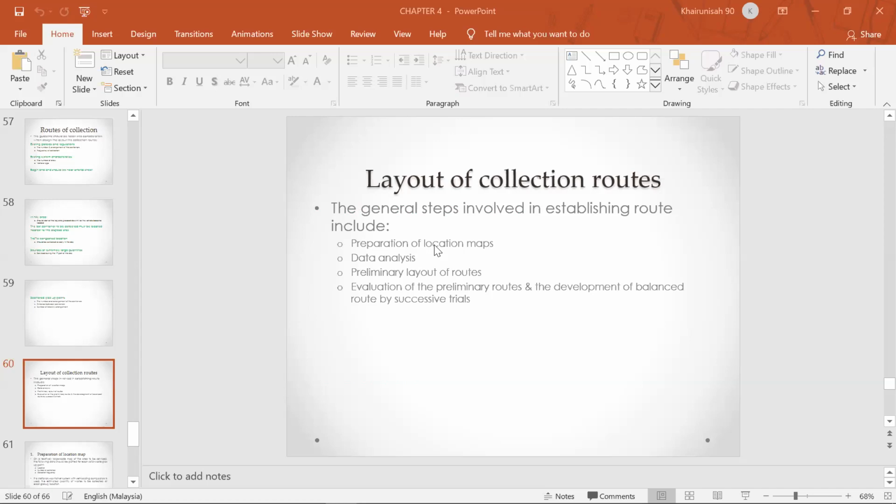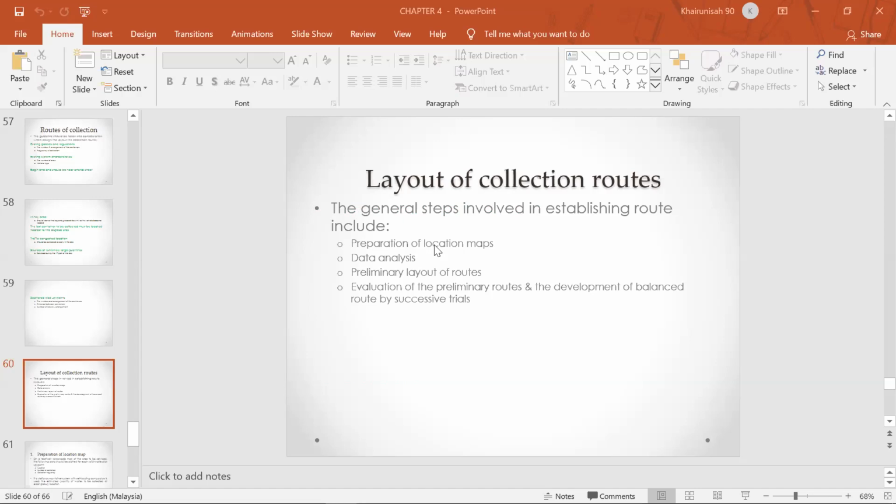A variety of other complementary programs have also been coupled to the GIS to both optimize the collection process and improve the service provided. So we just add more systems to solid waste management to make collection easier.